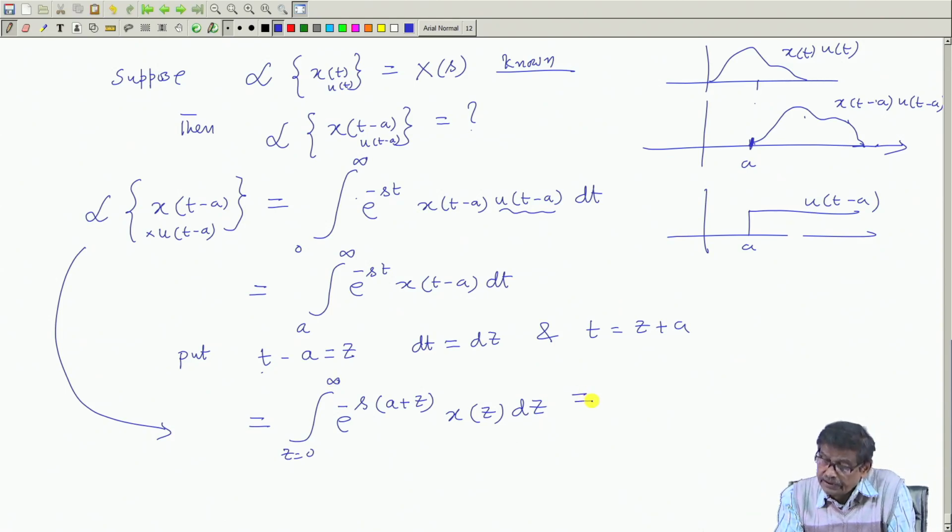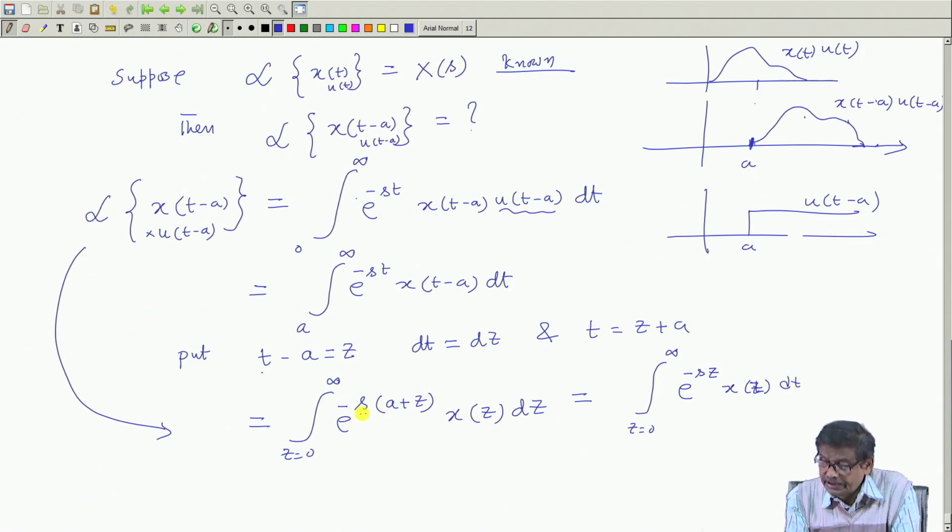So, you can write this integral as z from 0 to infinity of e to the power minus s z into x(z) into dz.